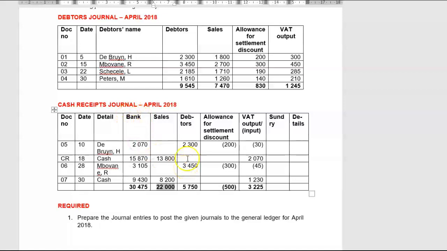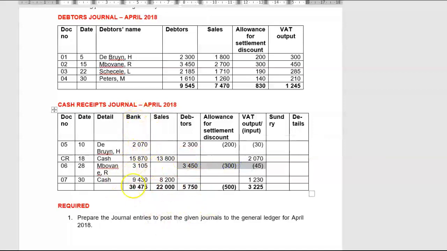What do we have to clean out of our books? The allowance for settlement discount, which has already been accounted for, 300 Rand. So there we take it out, and there now we can claim the VAT on it, in brackets, VAT input, 300 times 15%, which gives us the 45 Rand that we can claim. So 3450 less 300 less 45 will rebalance back to the amount received of 3105.